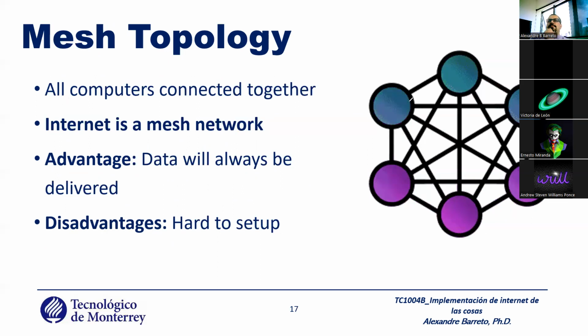Mesh means that all nodes are connected with all nodes. For example, node 1 is connected to this node, this node, this node, and this node. This one is connected to this node, this node, this node, and this node. All nodes are connected with all nodes.